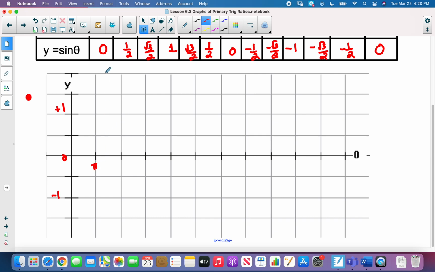So this is pi over 6, pi over 3, pi over 2, 2 pi over 3, 5 pi over 6, pi, 7 pi over 6, 4 pi over 3, 3 pi over 2, 5 pi over 3, 11 pi over 6, and 2 pi.